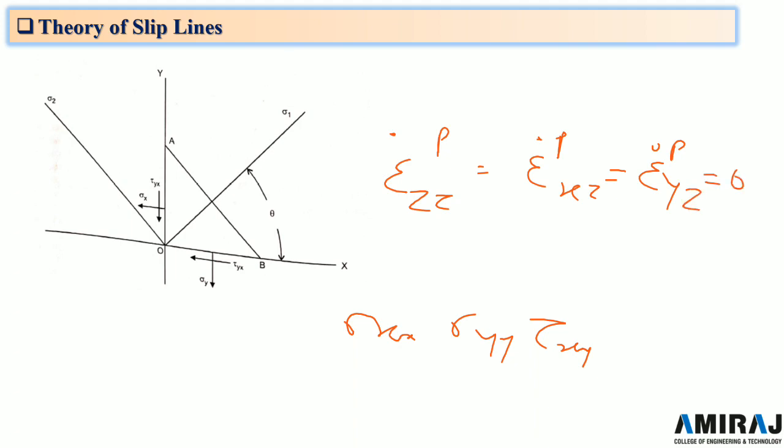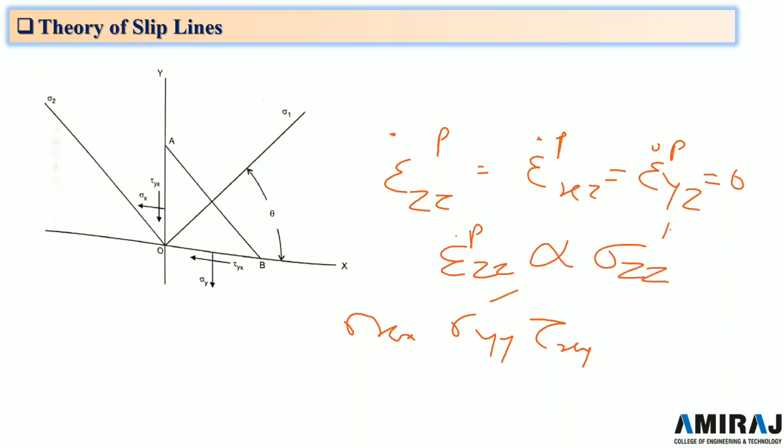Now, according to the plastic stress strain relation, epsilon zz p is proportional to sigma zz dash.